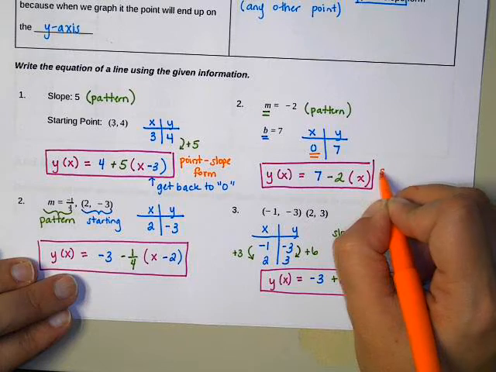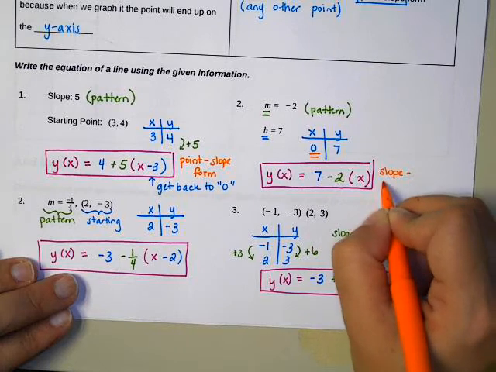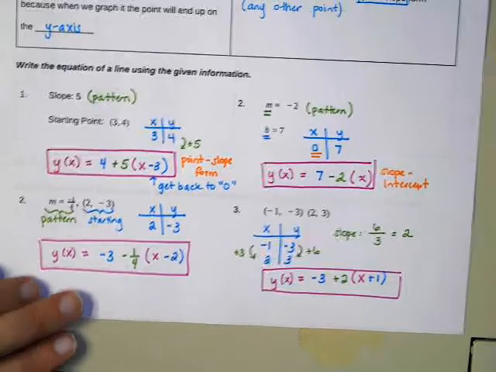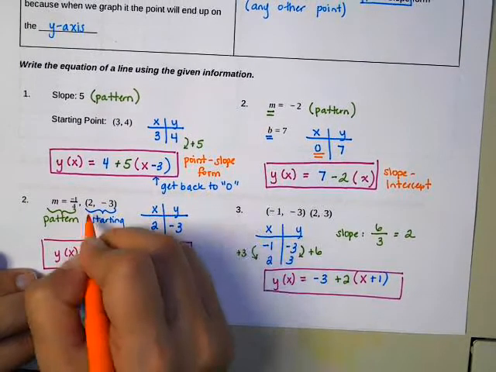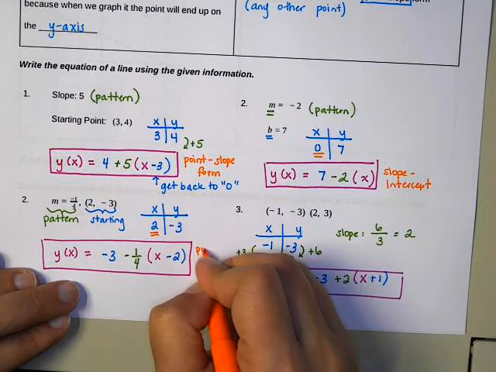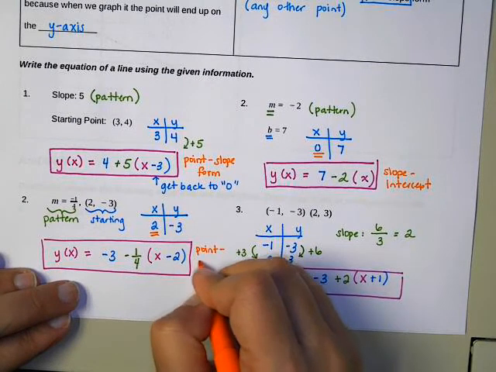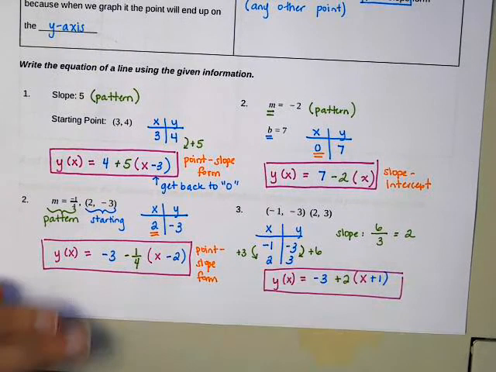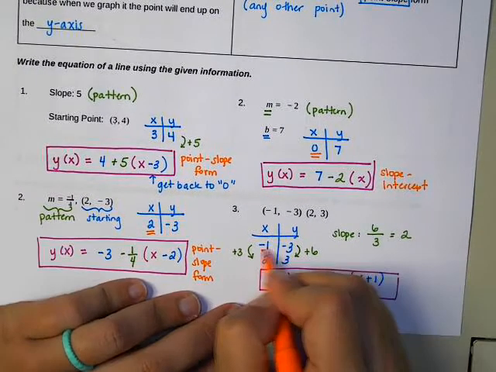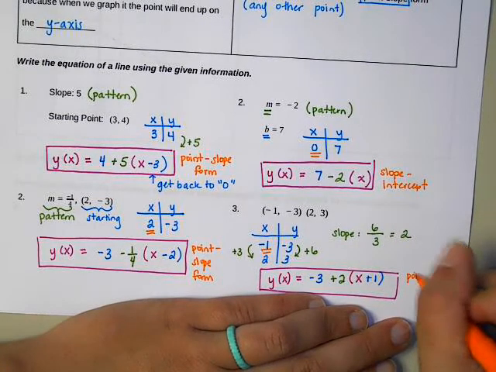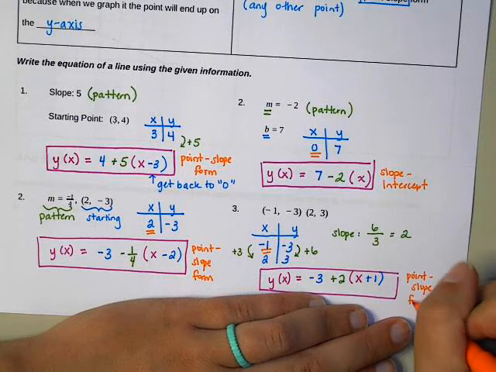So we would call this slope-intercept form. In the next equation, the starting point does not start with 0. So we would call this point-slope form. And in the next equation, the starting point does not start with 0. So again, we would call this point-slope form.